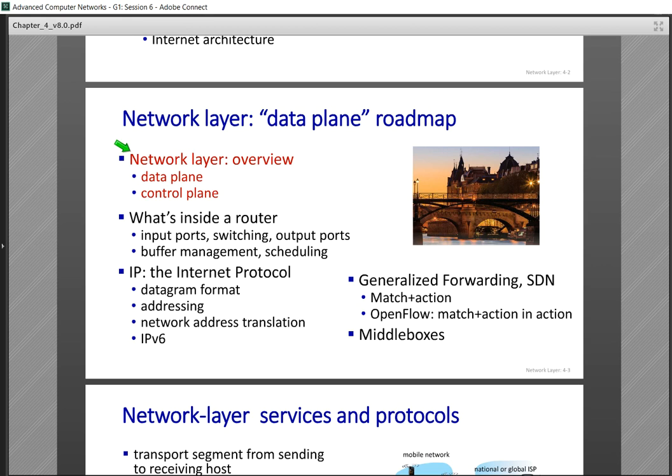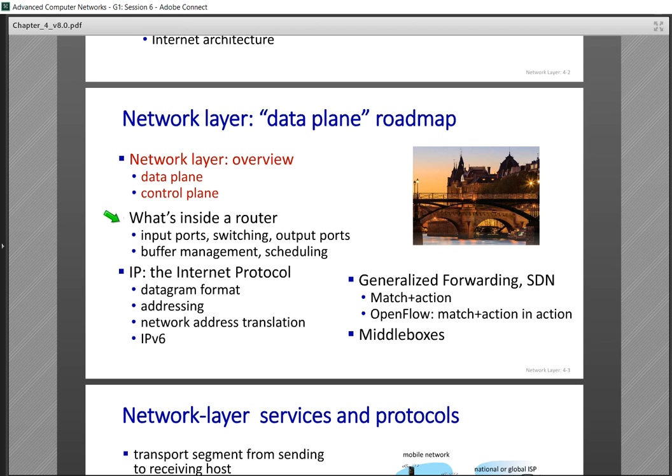But now we have something new in this layer, so we have to talk about control plane in network layer too. We will talk about data plane here in chapter 4, and control plane will be left for chapter 5. Okay.